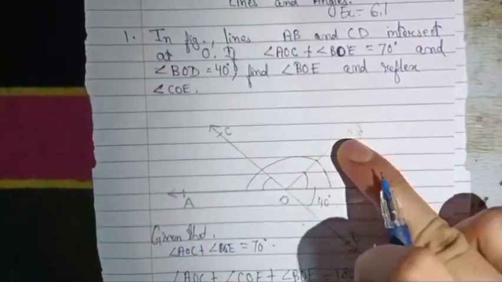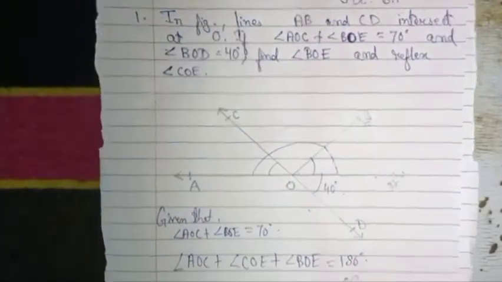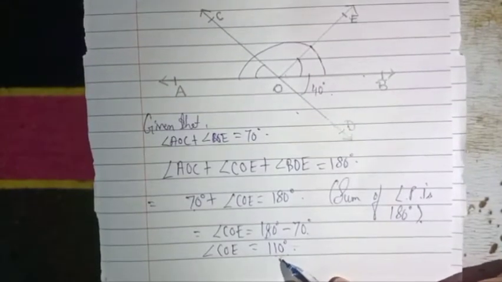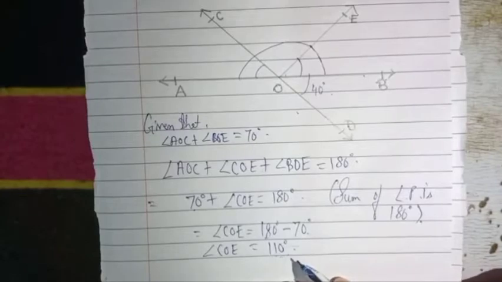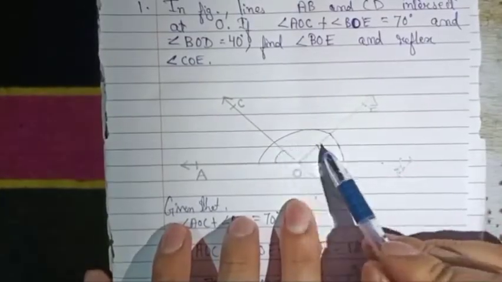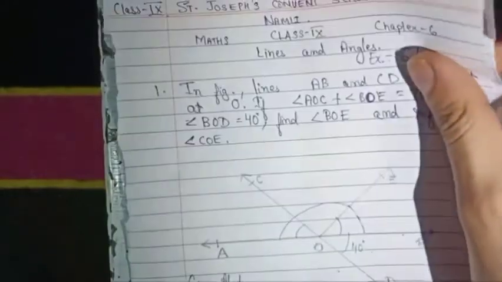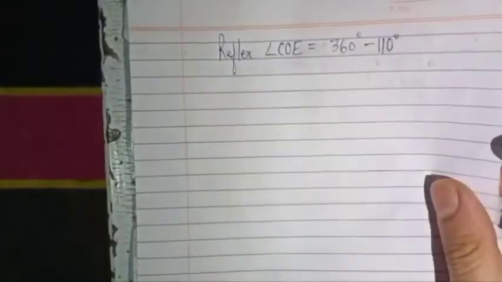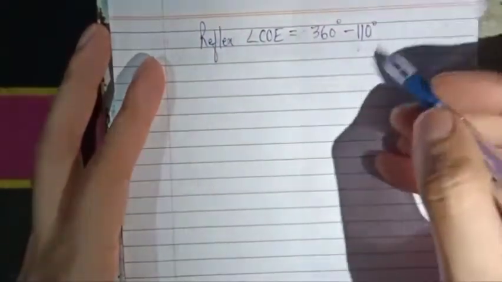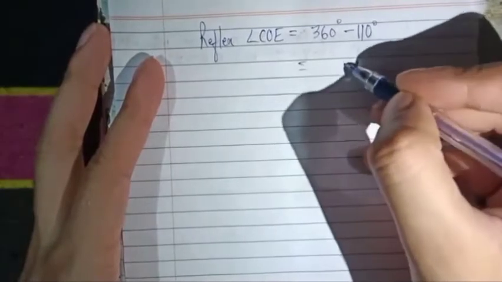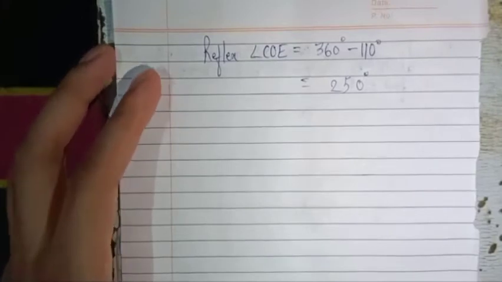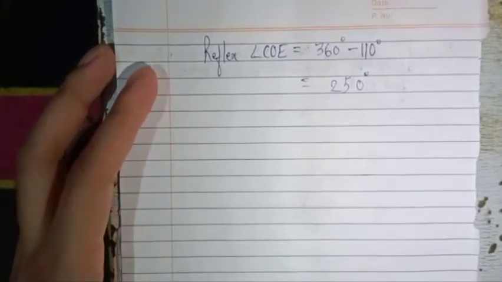Angle COE we have calculated as 110 degrees, and to find its reflex we need to subtract this 110 from 360 degrees. So 360 degrees minus 110 degrees becomes 250 degrees.